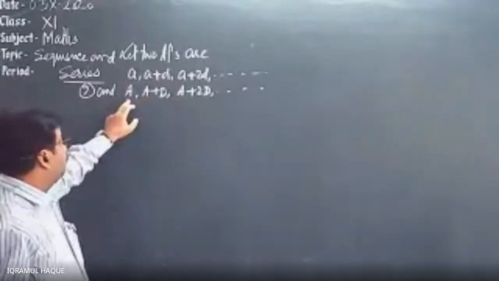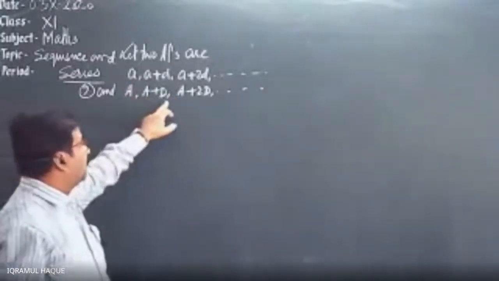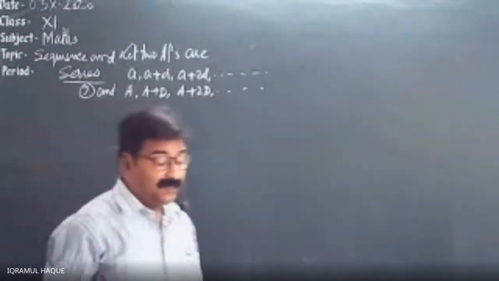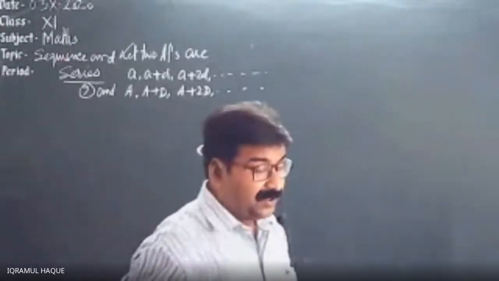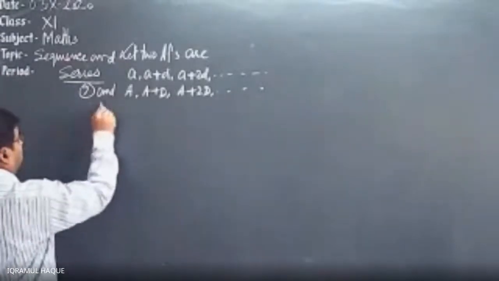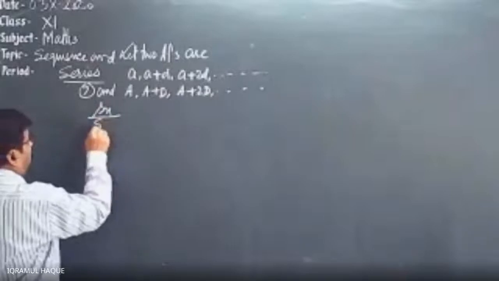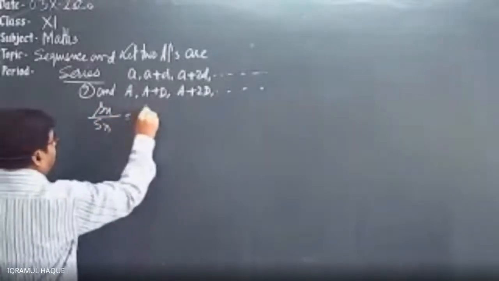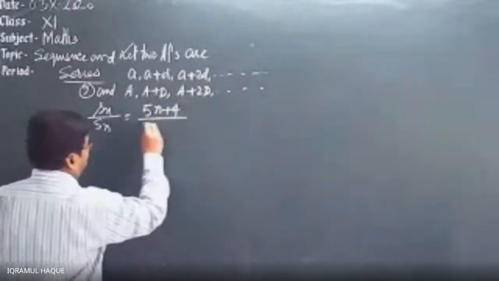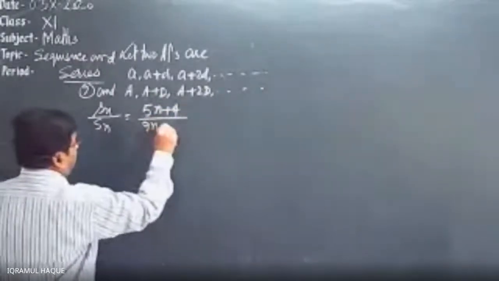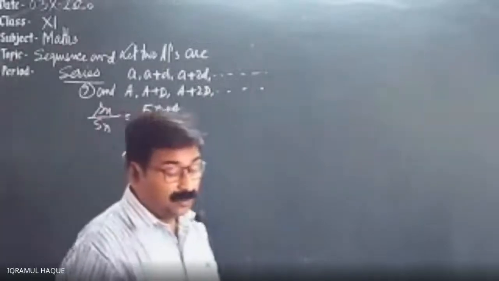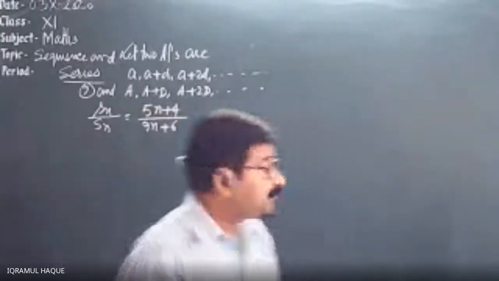In the second AP, the first term is capital A and the common difference is capital D, and so on. What we are given is the ratio of the sums of their n terms: Sn upon Sn is 5n plus 4 upon 9n plus 6. Sums of n terms of these two APs are given.